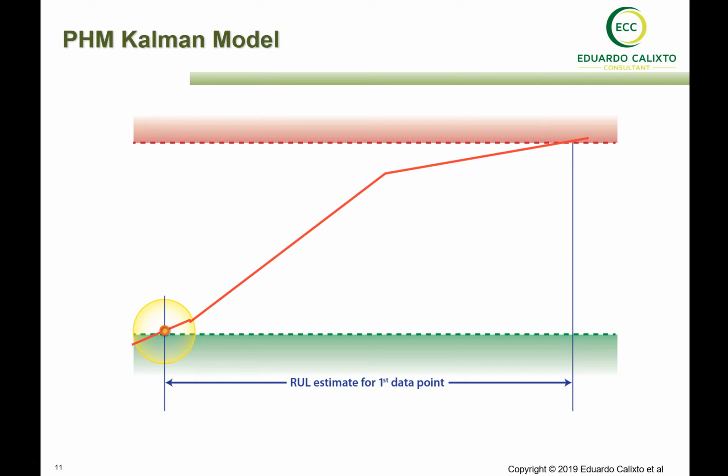So we have here the first point, and this first point is operating exactly at the limit of the operation conditions. In this case, the remaining useful life is as expected and as predicted by reliability, considering the equipment operating in normal condition, so there will be no degradation.